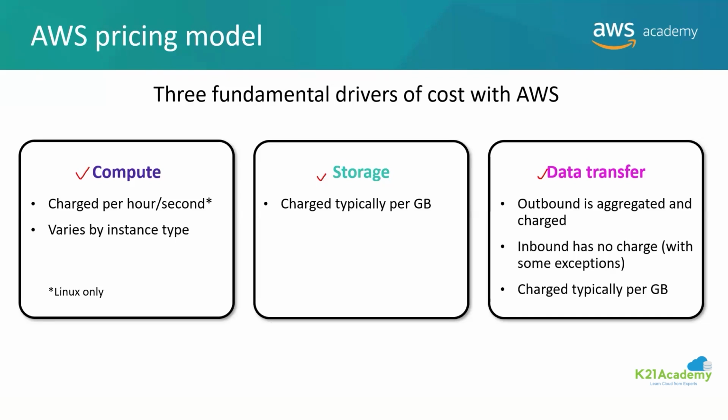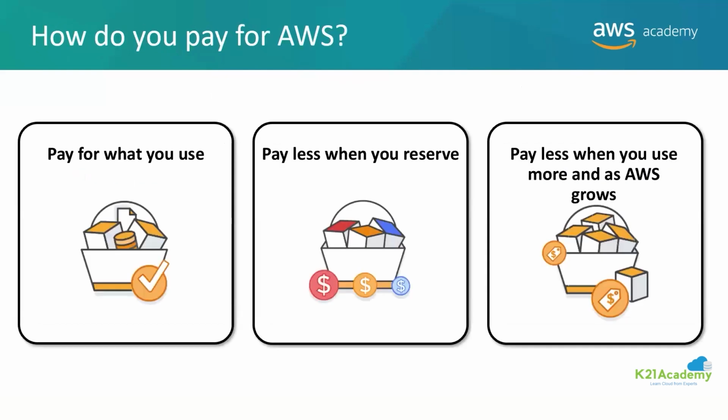So how do you pay AWS? Here there are three things: pay for what you use, pay less when you reserve, and pay less when you use more and more AWS products. This is the general philosophy of AWS pricing.